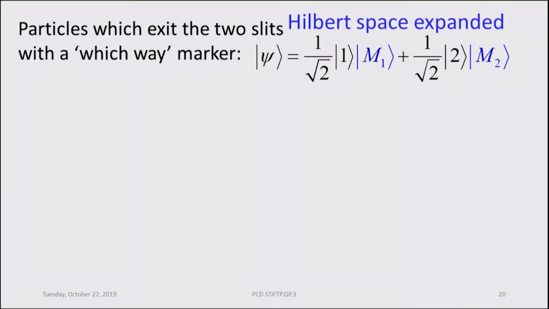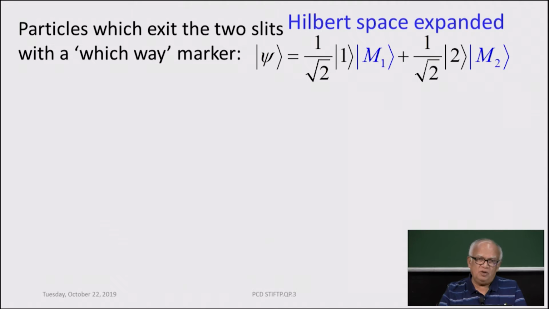The state vector is now to be represented in this expanded Hilbert space along with the marker states, and the markers 1 and 2 are obviously orthogonal to each other, which is why they are markers. The marker is going to tell you from which slit the particle has come.